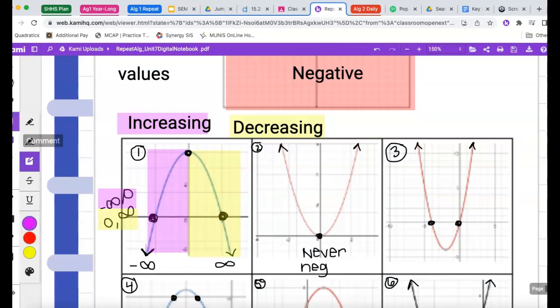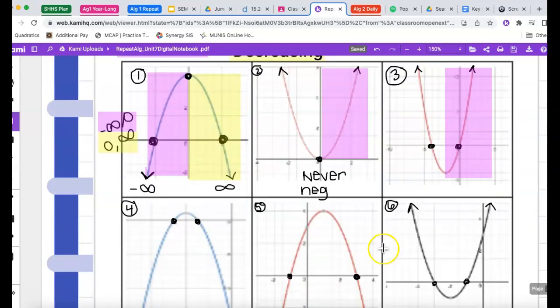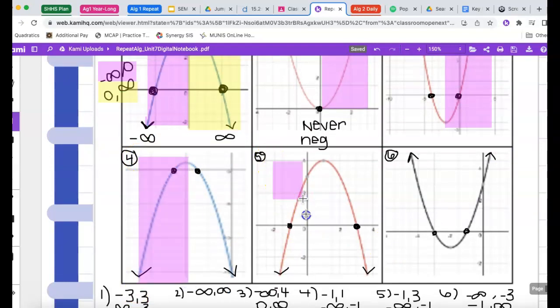Go through and I'm going to highlight all of where it's increasing. So if I trace my graph, I'm going down, down, down. So I only highlight this portion of my graph in my color. This part is going down, down, down. So I only highlight this portion in my color. You're going to go through and do that for every graph. This is where this graph is increasing, so I'm going to highlight this side. This side is my increasing part.